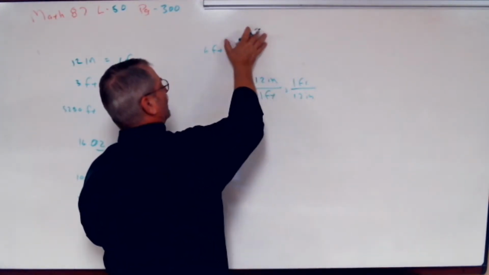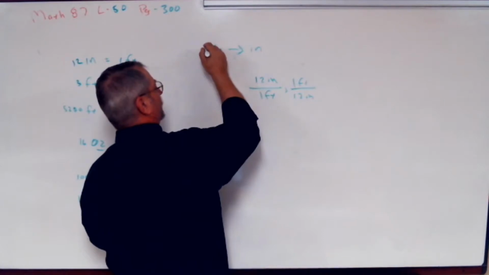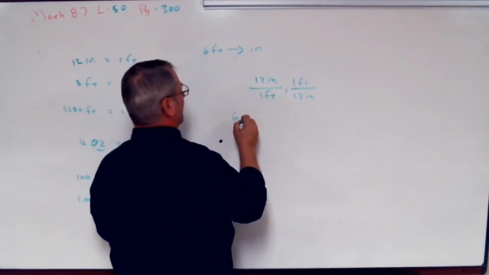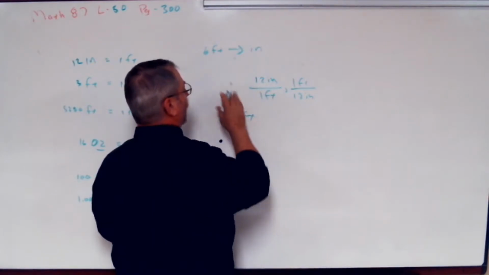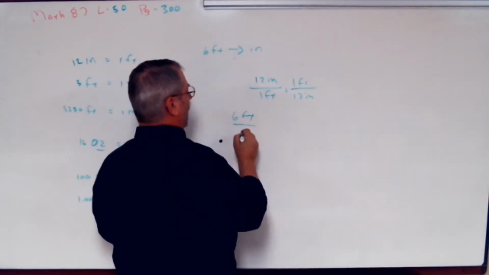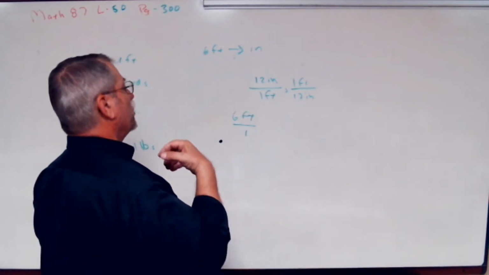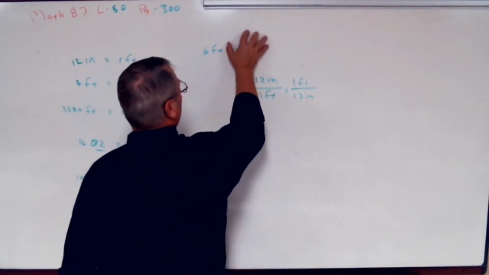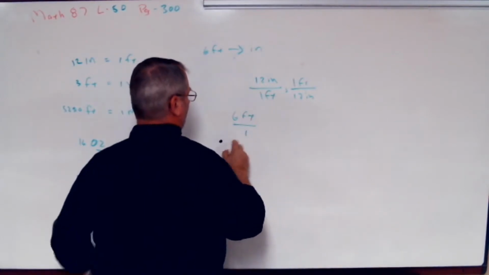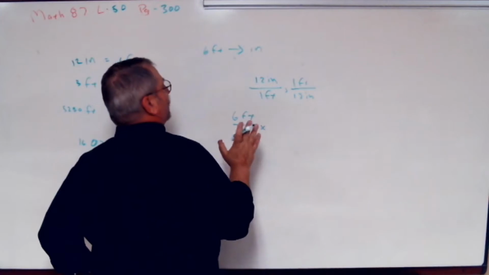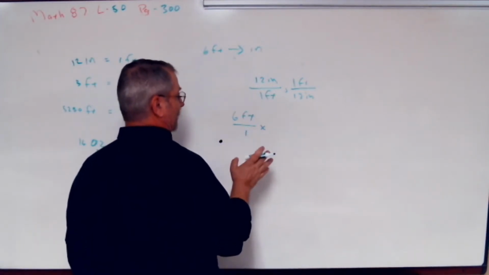The second thing to do is look at just this first thing. You take the first thing right here, and it's 6 feet. Whatever that is, you put it over 1. You don't put it over inches, you don't put it over miles, you don't put it over yards. You take whatever this is right here, and you put it over 1. And you write times. Now, when we multiply fractions, we cross-cancel, right?